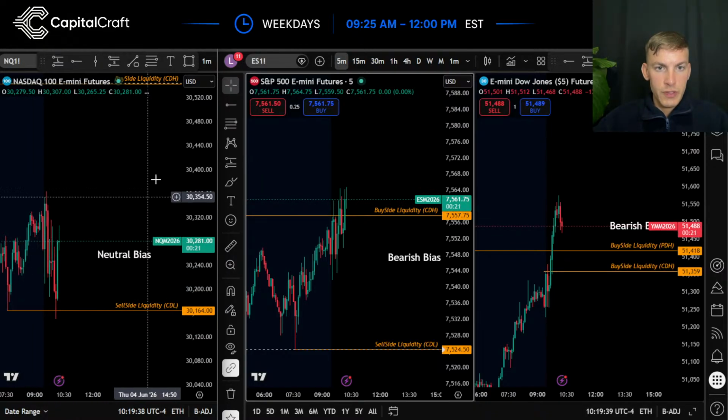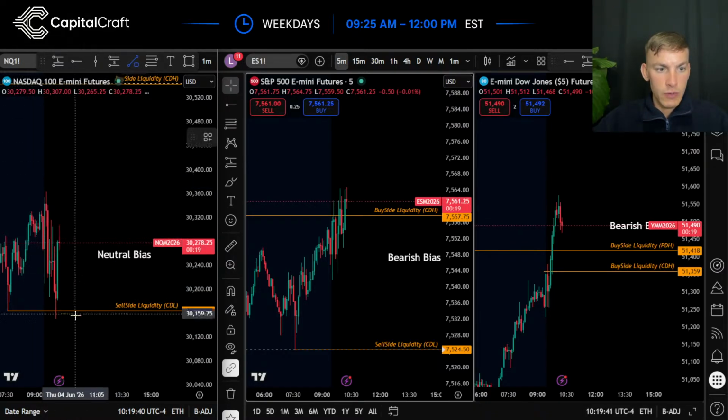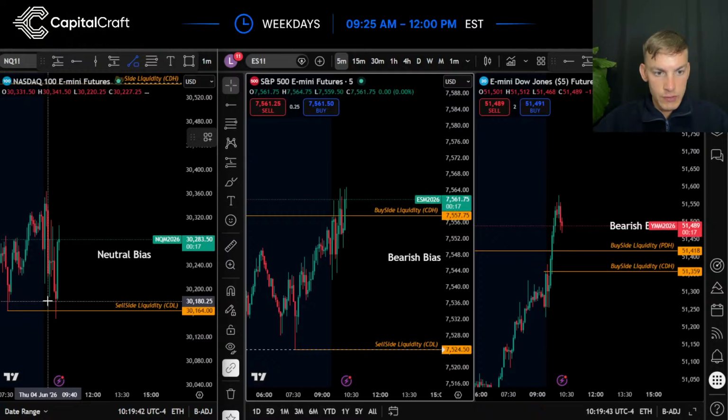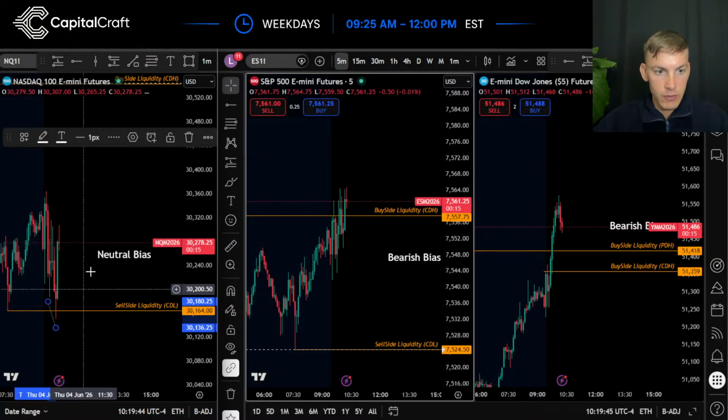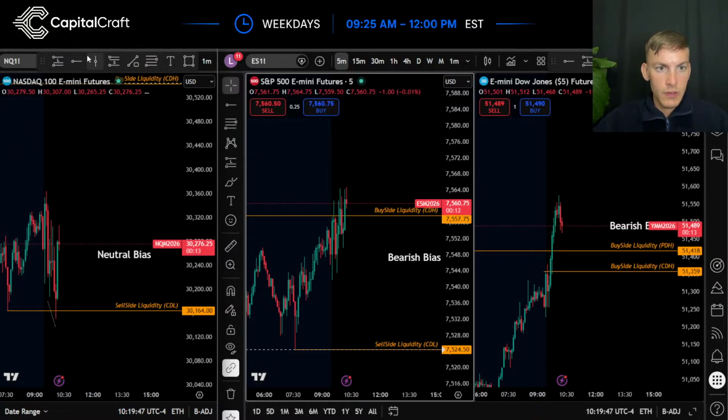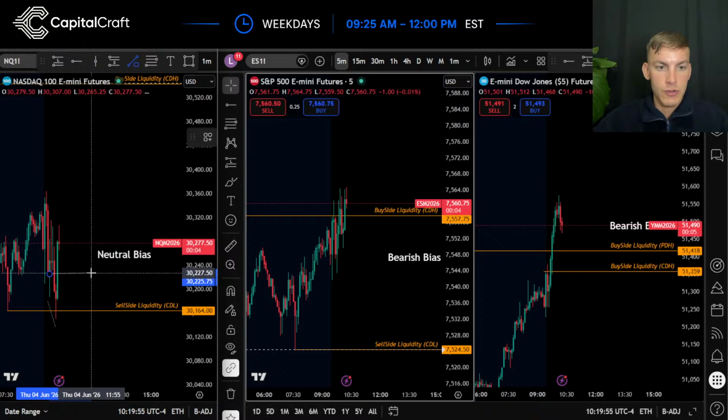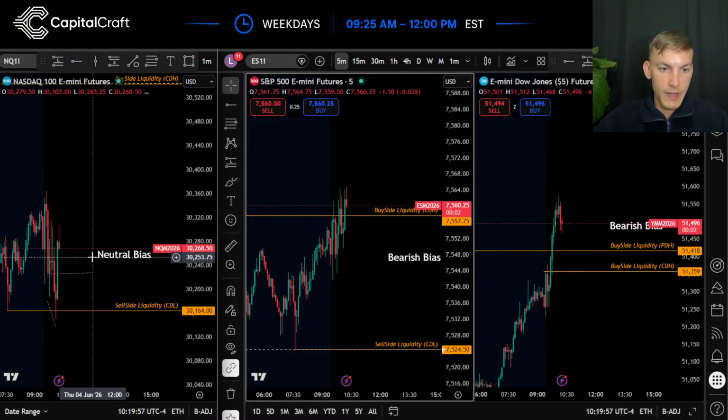So this round here would have been an absolutely brilliant way to go long. The only unfortunate thing is that we've taken out sell side on our other indices, and we've taken our buy side on 2 of 3. So essentially majority has ruled that out.